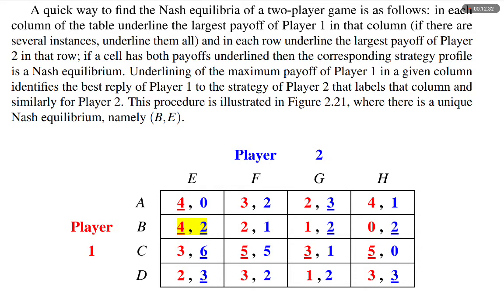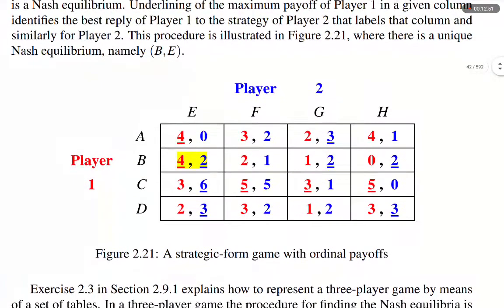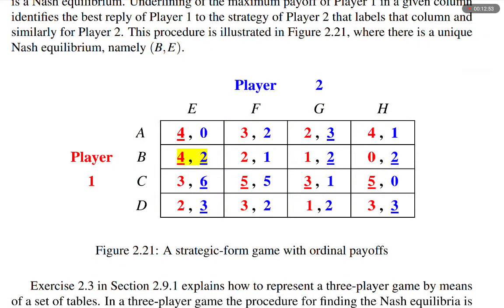If a cell has both payoffs underlined, then the corresponding strategy profile is a Nash equilibrium. Underlining the maximum payoff of player 1 in a given column identifies the best reply of player 1 to the strategy of player 2 that labels the column, and similarly for player 2.